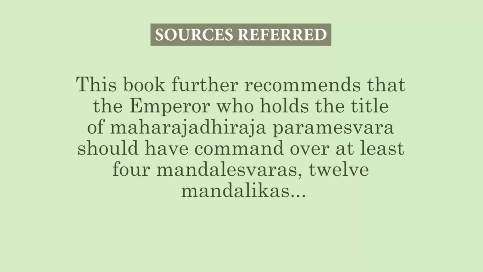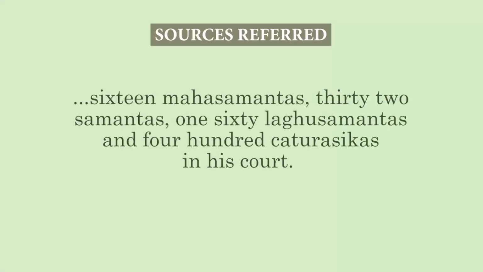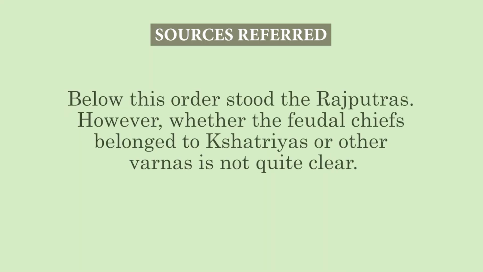This book further recommends that the emperor who holds the title of Maharajadhiraja Parameshwara should command at least 4 Mandaleshwaras, 12 Mandalikas, 16 Mahasamantas, 32 Samantas, 160 Laghu Samantas, and 400 Chaturashitikas in his court. Below this order stood the Rajaputras. However, whether the feudal chiefs belonged to the Kshatriyas or to other Varnas is not very clearly mentioned in this text, that is in this Aparajitaprichchha.